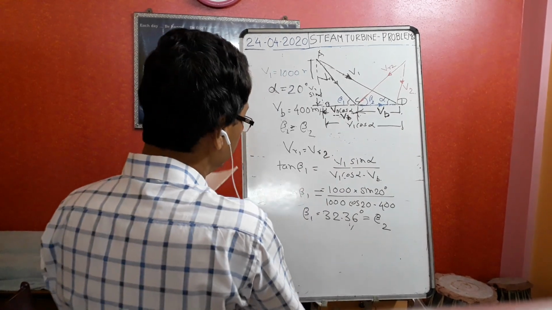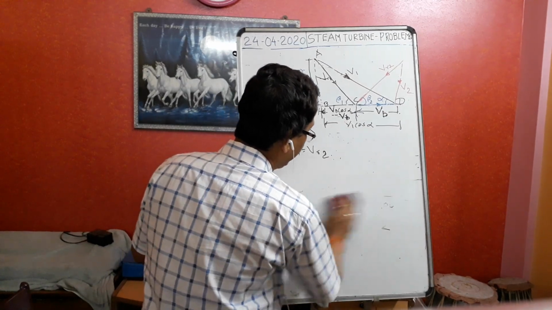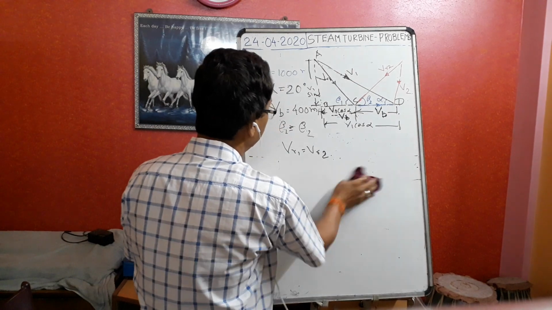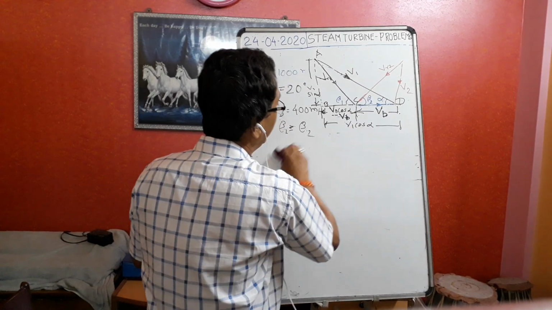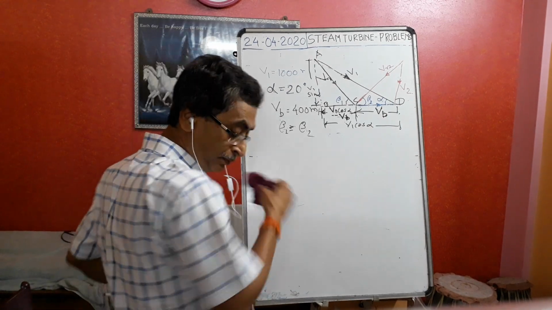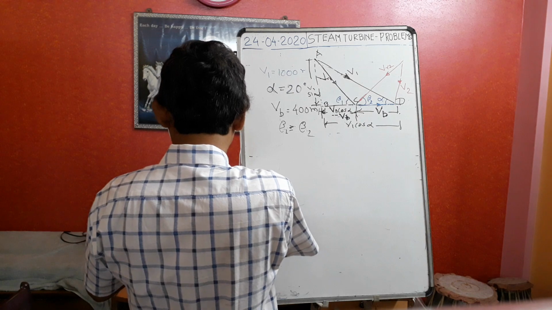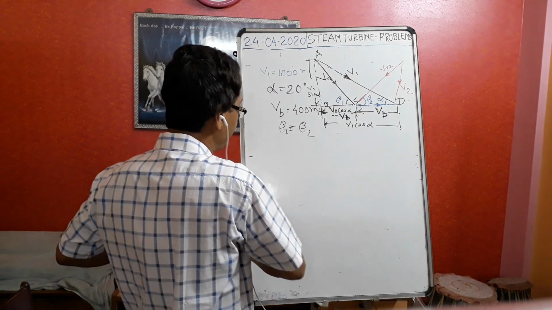Now alpha, beta 1 and beta 2 everything is known, but in this question the beta 1 and beta 2 are the same and VR1, VR2 are the same. Why? Because there is no friction, that's why VR1 and VR2 are the same.